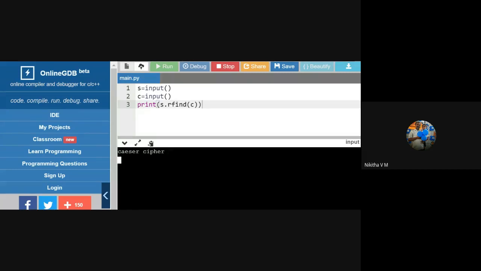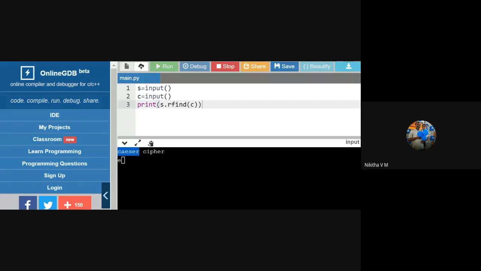Okay, Caesar cipher is my text and I'm supposed to find out E. So what will rfind give me? Highest occurrence. The last occurrence index it is going to give me. So in the given string, where is the last occurrence of E? Here. Am I right? Now start counting your indexes. 0, 1, 2, 3, 4, 5.